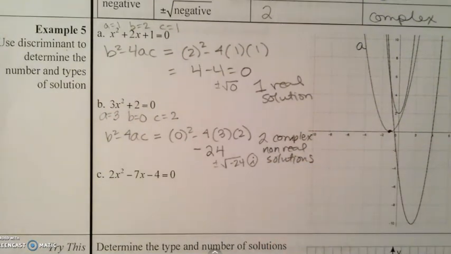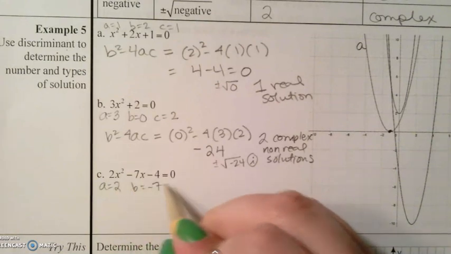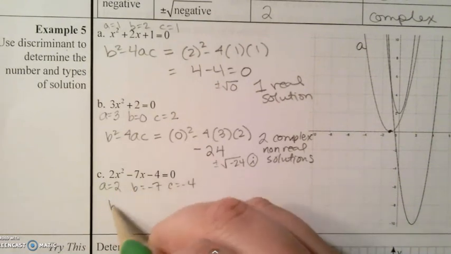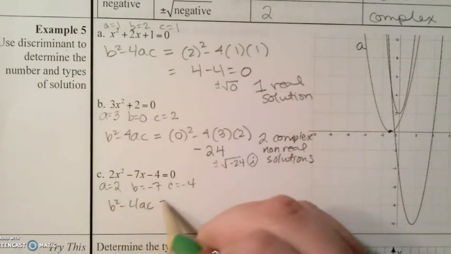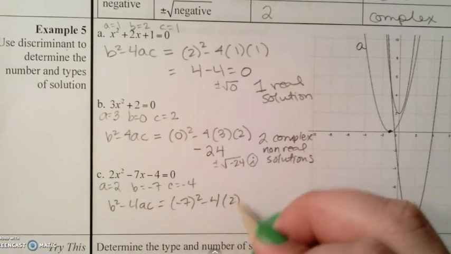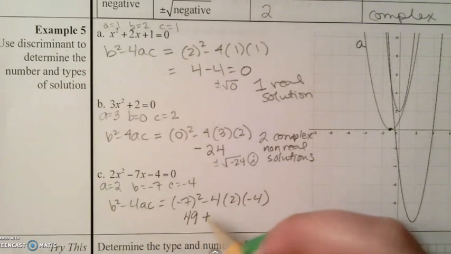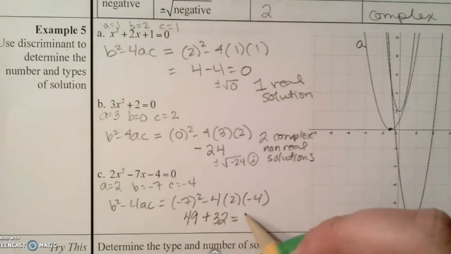And lastly, part C: a is 2, b is negative 7, c is negative 4. b squared minus 4ac is negative 7 squared minus 4 times 2 times negative 4, which is 49 plus 32, which is 81.